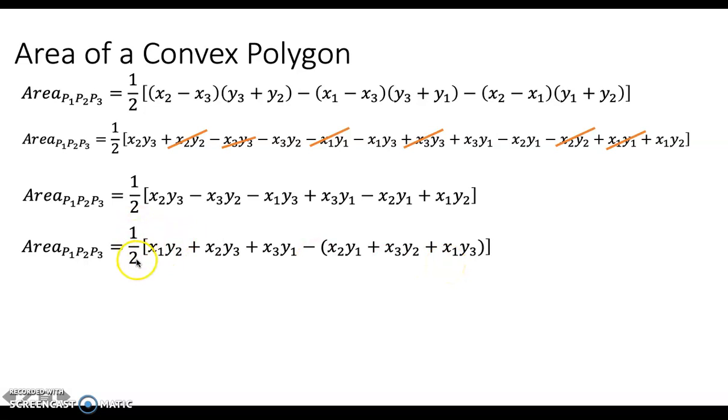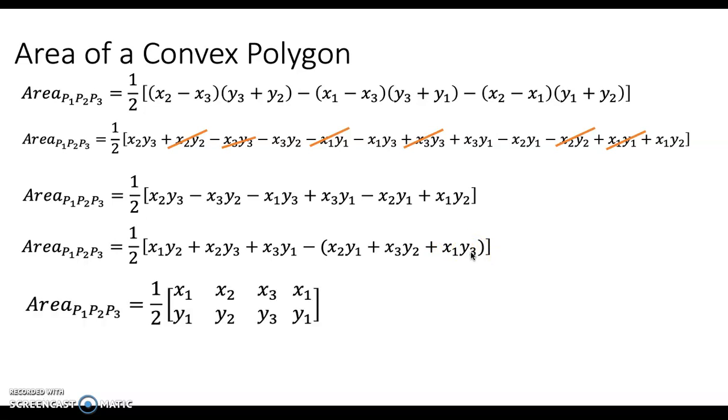So 1/2 times the quantity of x sub 1 y sub 2 plus x sub 2 times y sub 3 plus x sub 3 times y sub 1, minus the quantity of x sub 2 y sub 1 plus x sub 3 y sub 2 plus x sub 1 times y sub 3. So what can you notice about this? Let's have this particular matrix. Remember the determinant: product down minus product up.